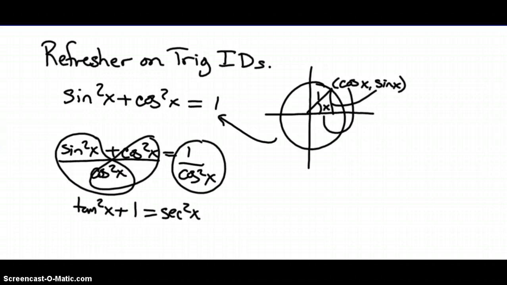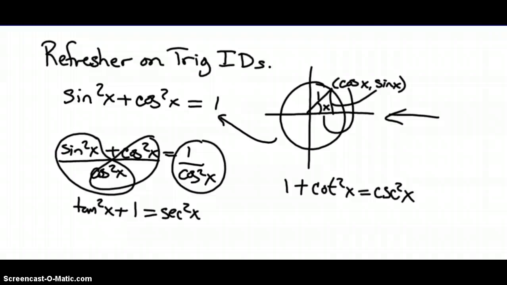Similarly, I could do the same thing, except instead of dividing by cosine squared, I could divide by sine squared, and I would end up with 1 plus cotangent squared equals cosecant squared.